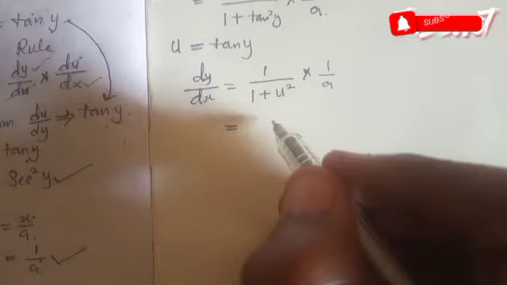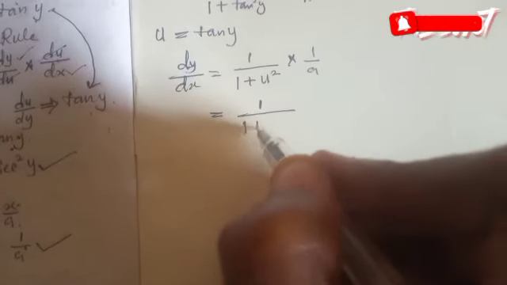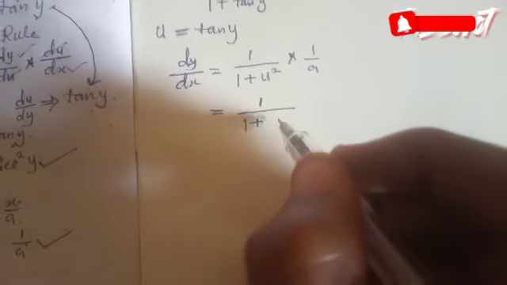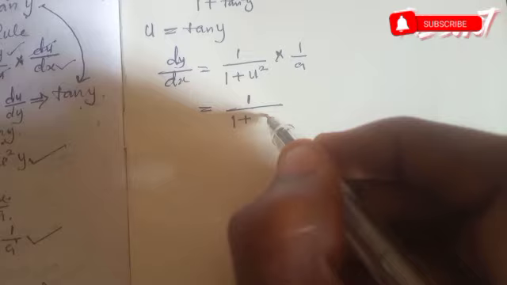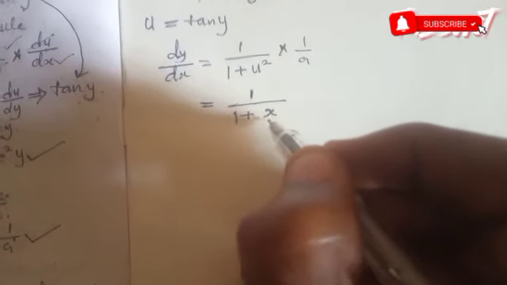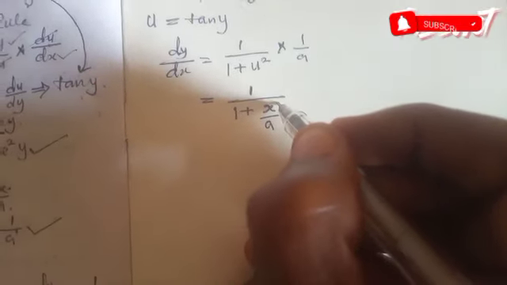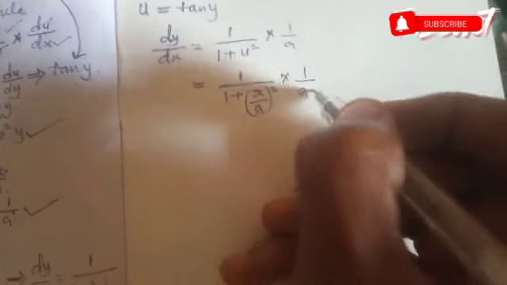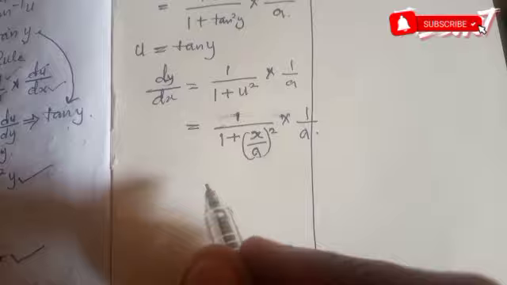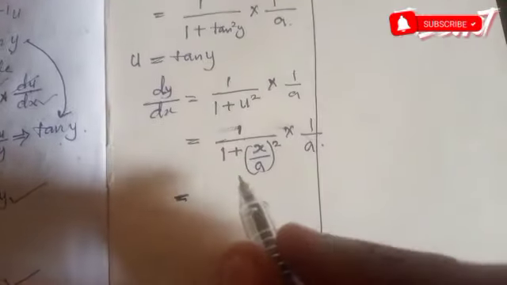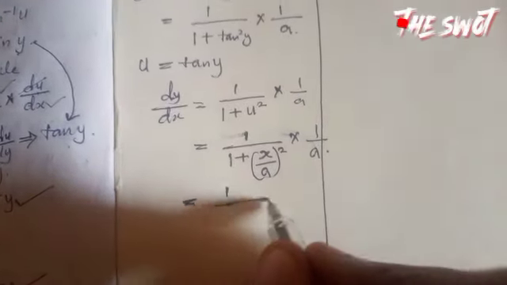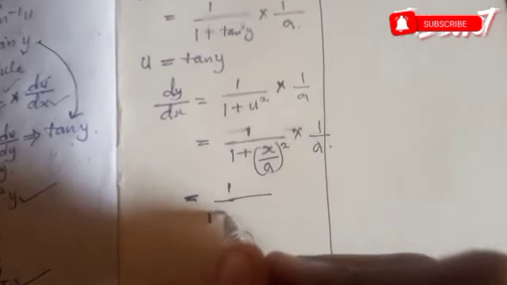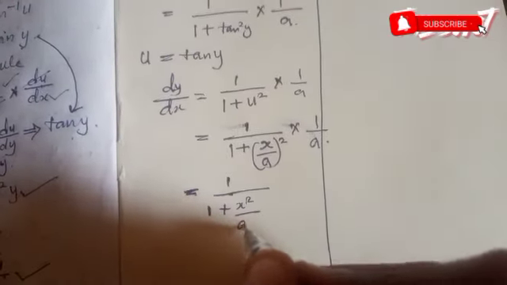So we have it this way: 1 all over 1 plus x over a, squared, times 1 over a.